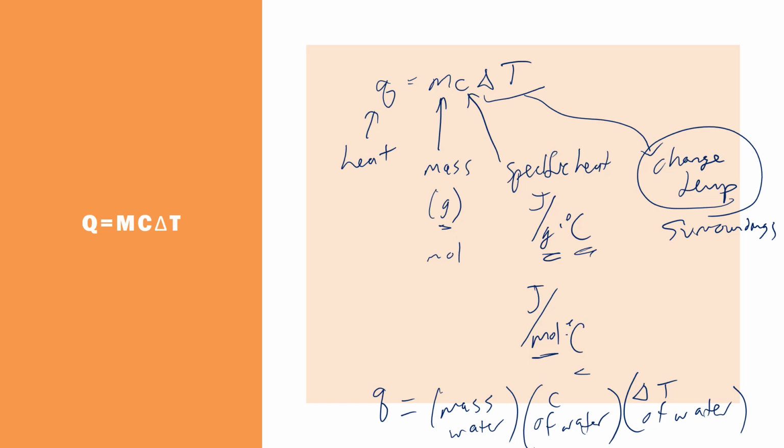So then don't forget, if your ΔT is a positive value, then that's exothermic for the reaction overall. So that means when you are calculating Q, you'll get a positive value for Q, but you need to change the sign of that to a negative value because the system is exothermic. So really pay attention to that, and we'll do some examples to make sure that we've got that down.